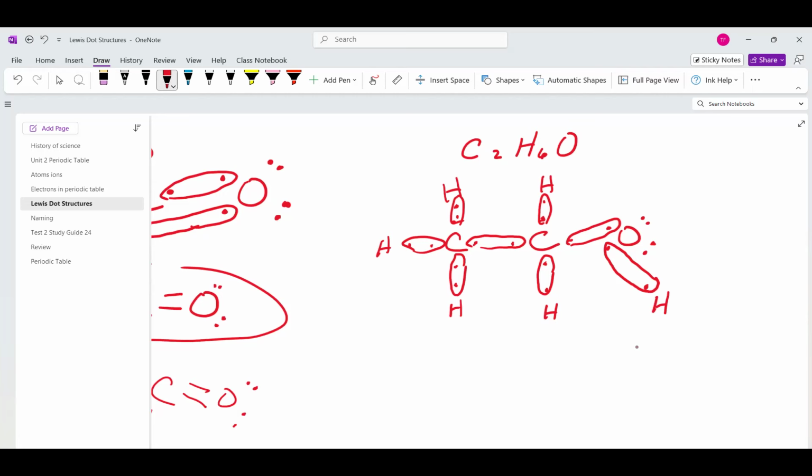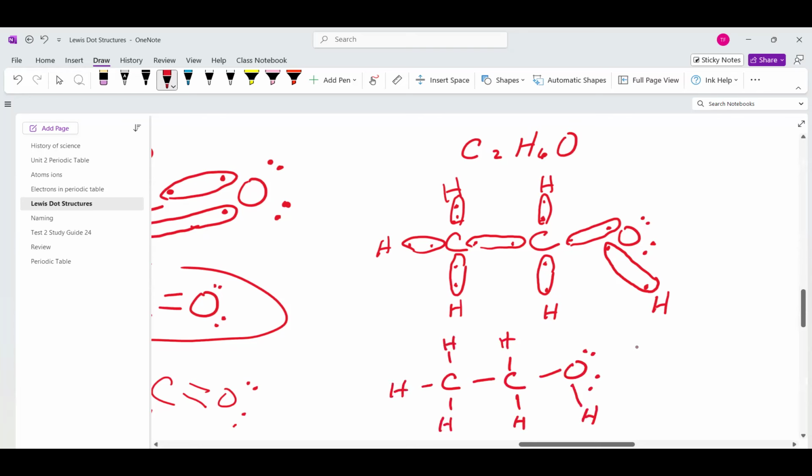Next step is we put lines in for each of the bonds. So that's what it's going to look like. And that's drinking alcohol, ethanol.